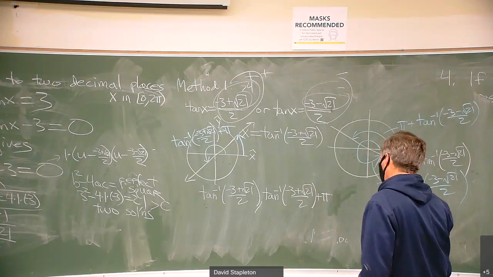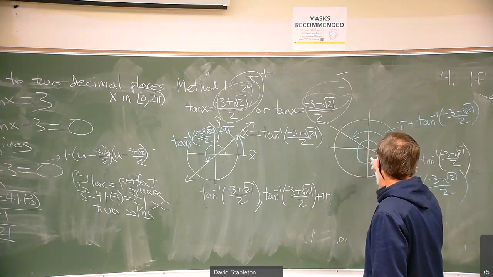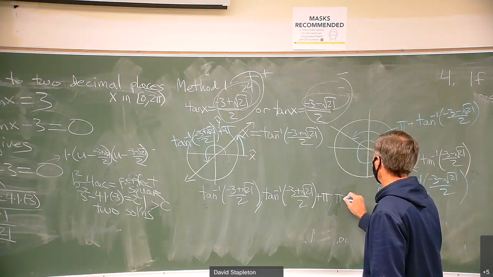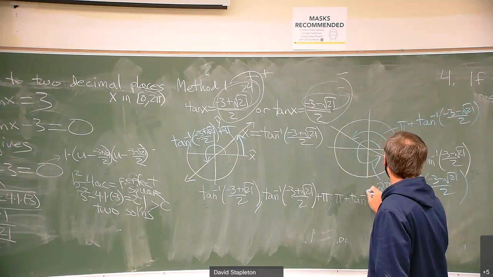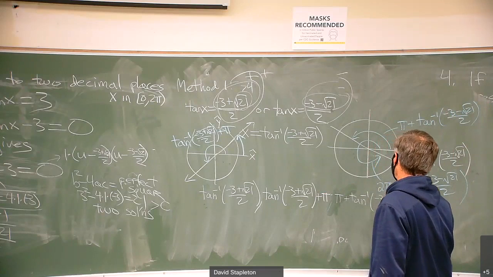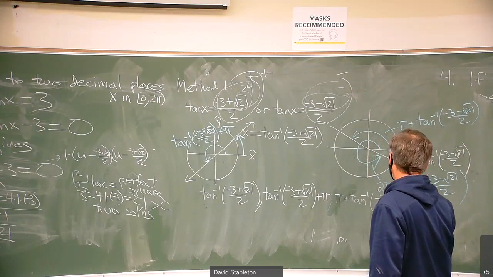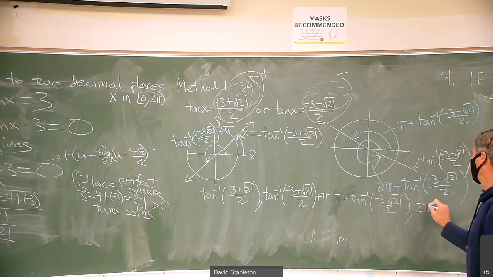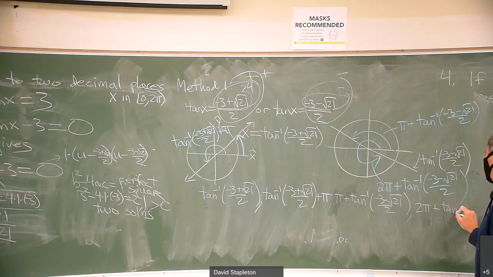Put them down here, I guess. Pi plus arctangent of minus 3 minus root 21 over 2. 2 pi plus arctangent of minus 3 minus square root 21 over 2. 4 solutions to this.